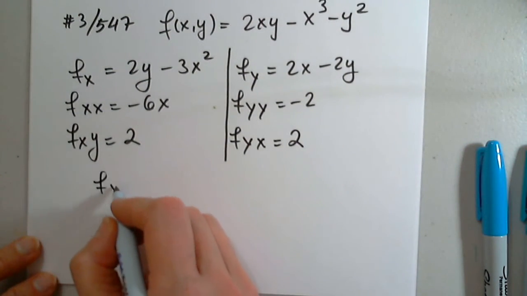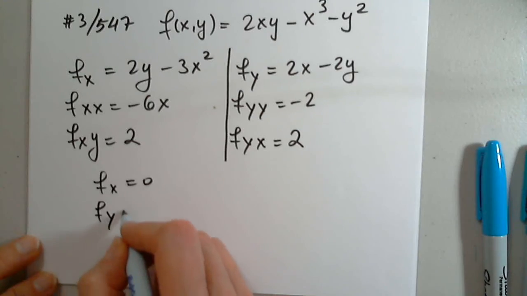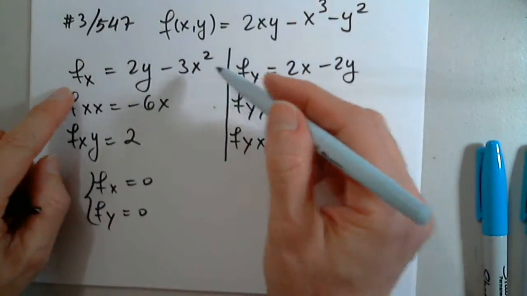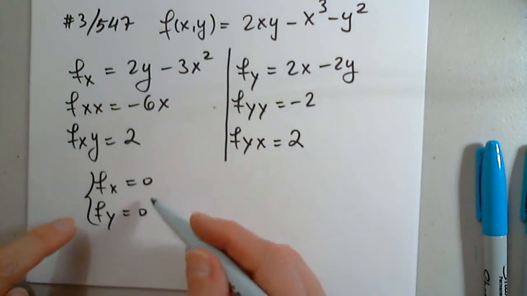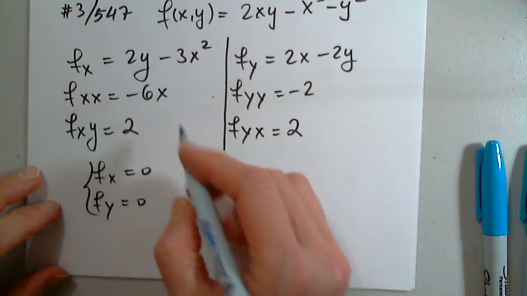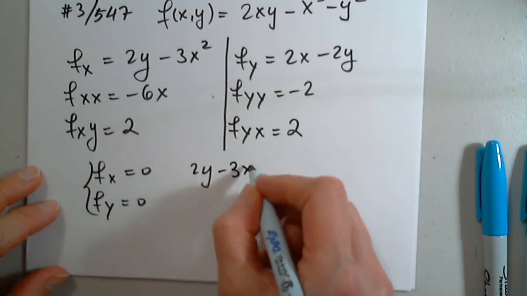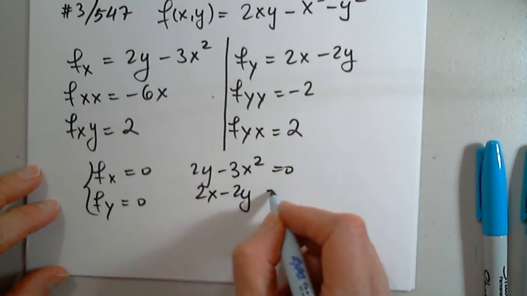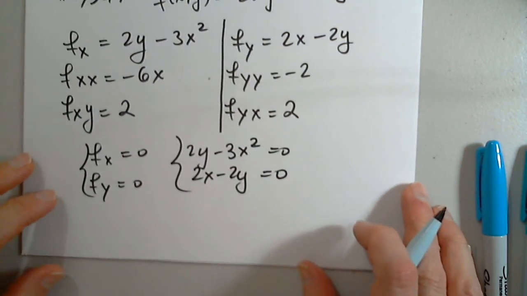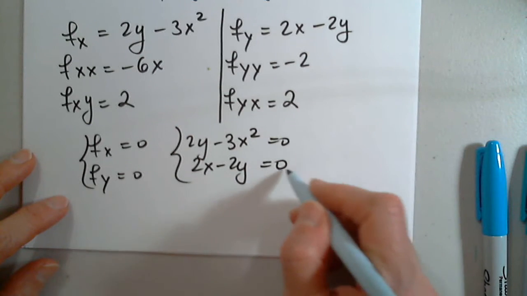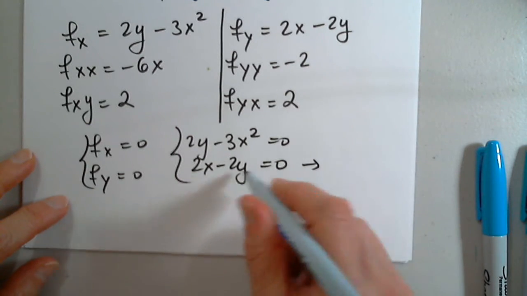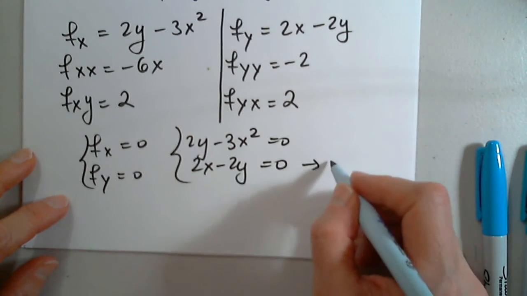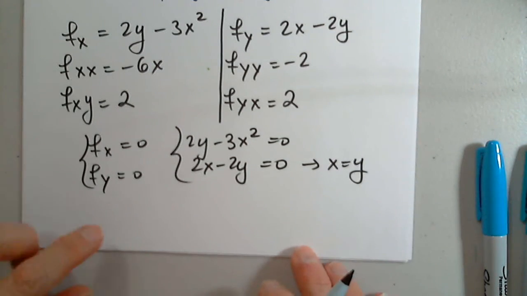So now I have to solve the system with the first partial derivatives set equal to 0. So 2y minus 3x squared equals 0, and 2x minus 2y equals 0. From this equation, when I divide by 2 and move y to the other side, x equals y.